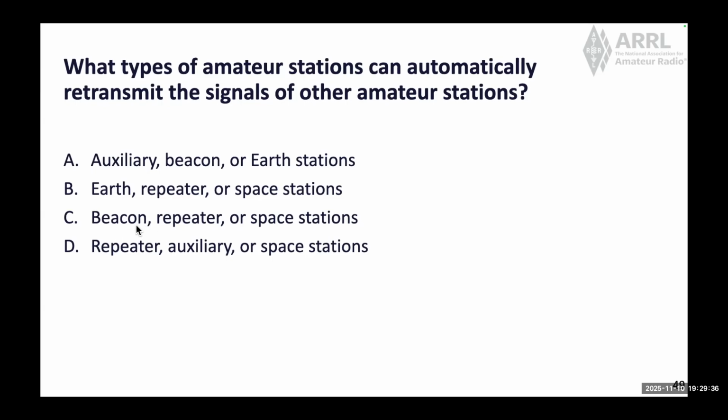It's giving out information. A beacon is broadcasting a signal so you can see how far that signal's coming from. A repeater will retransmit, so does a space station. So that's going to eliminate these ones, so it's going to be the repeater, auxiliary station, or a space station. So the answer is D. Just remember, a beacon doesn't retransmit a signal. It only transmits a signal.